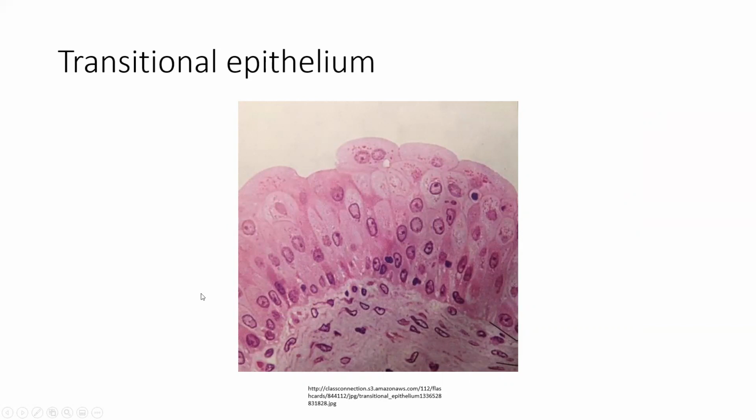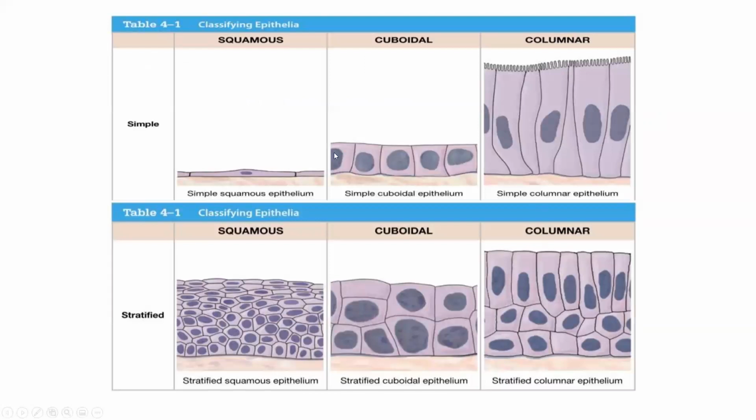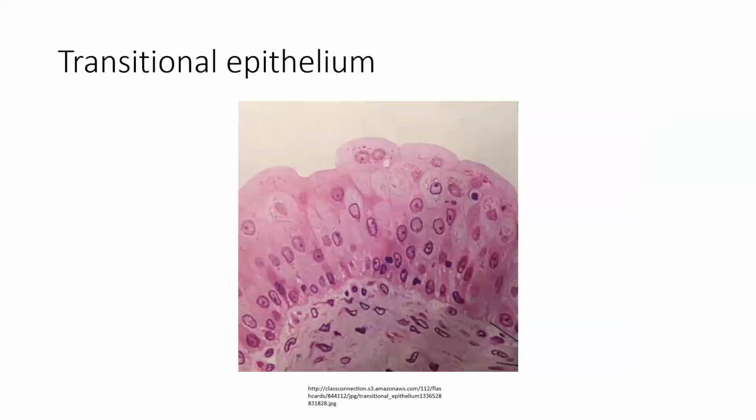And so when I think about transitional epithelium, it really is a mishmash, for lack of a better phrase, of different types of epithelium. And because it really can't fit into any of these boxes, we consider it transitional epithelium. A key organ in the body that has transitional epithelium is the urinary bladder.